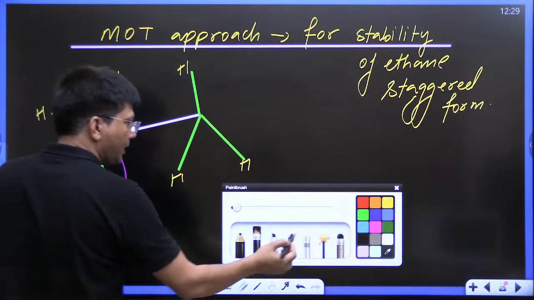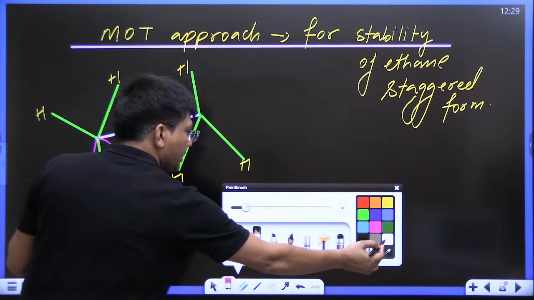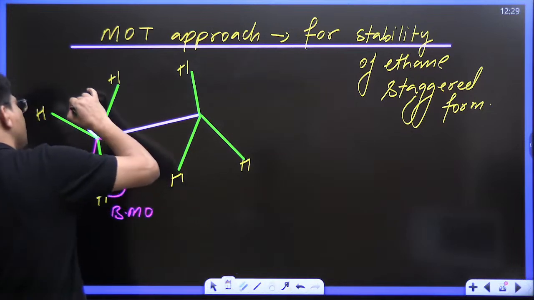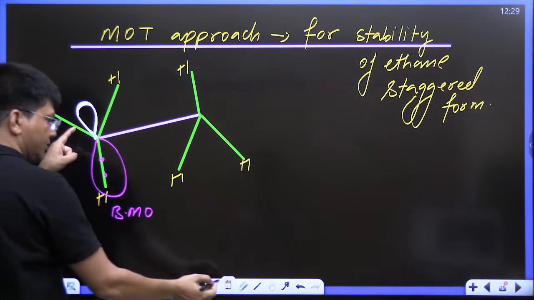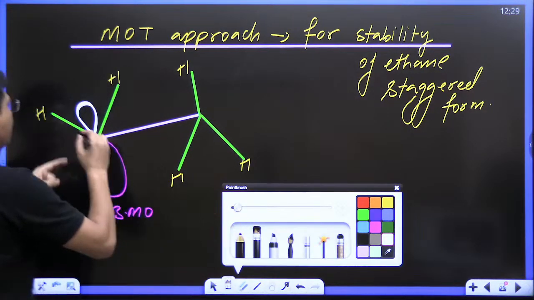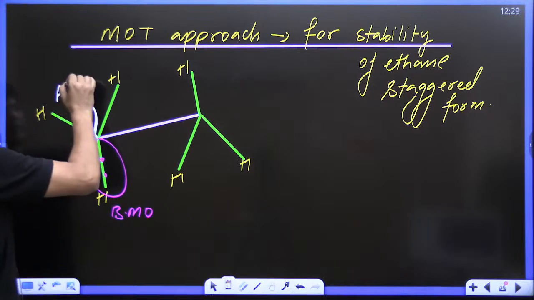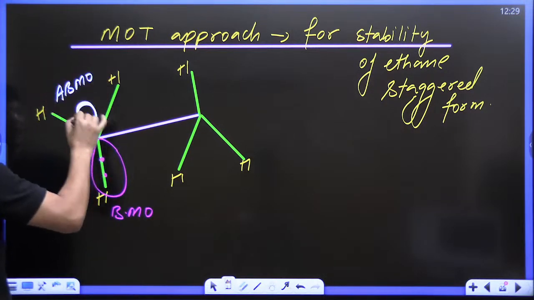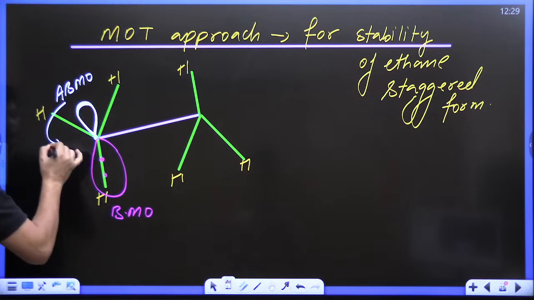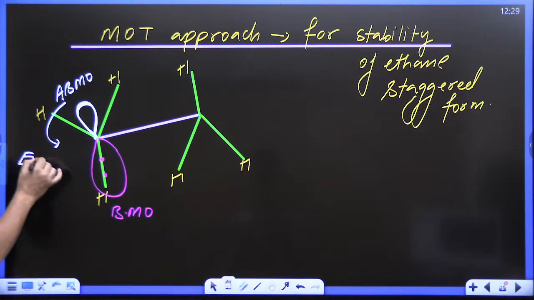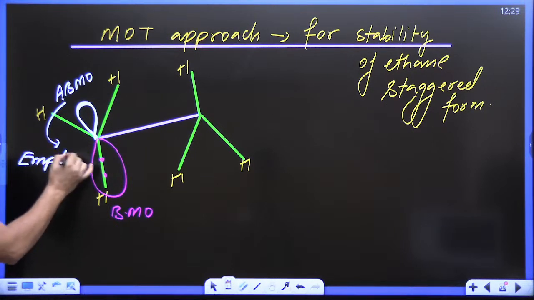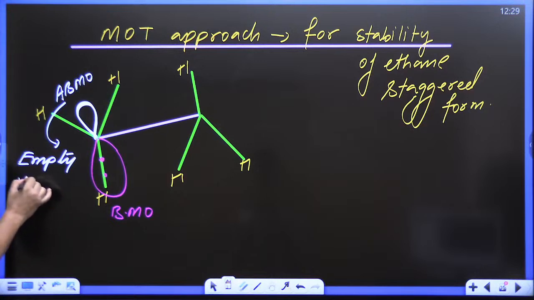Just at the back of it there must be an ABMO, and the ABMO must be vacant. ABMO vacant, that is empty. Agreed kids? Empty, or you can say vacant.